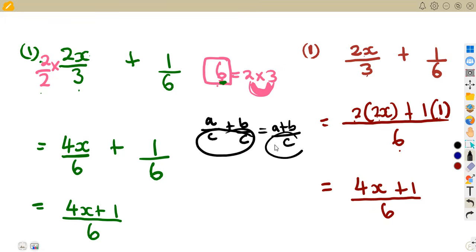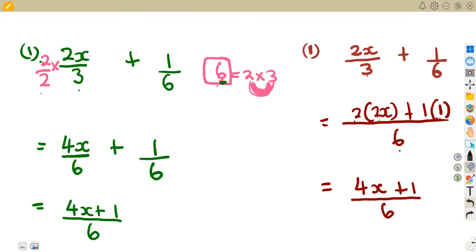So I'm just going to write everything over that. So that is the advantage of having the same denominator, because you can add or subtract whatever you have. So as you can see, you're obtaining the same answer, just like this part.